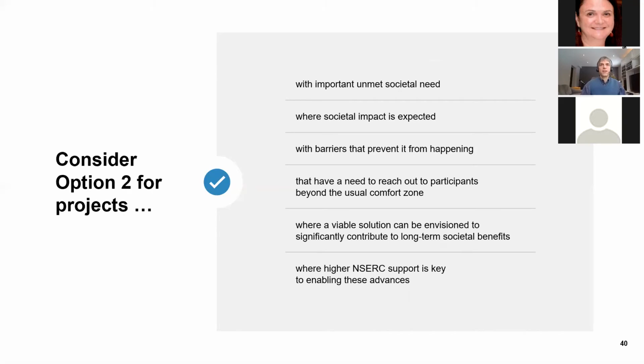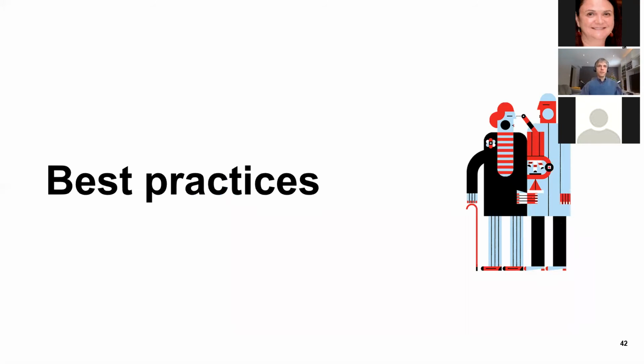What it is, like I mentioned before, is an important unmet societal need. Social impact is expected, and there are barriers preventing it from happening right now. So it's pushing the group beyond the comfort zone, and there's a justification for why NSERC should be providing more funds into that. So that completes my option 2.